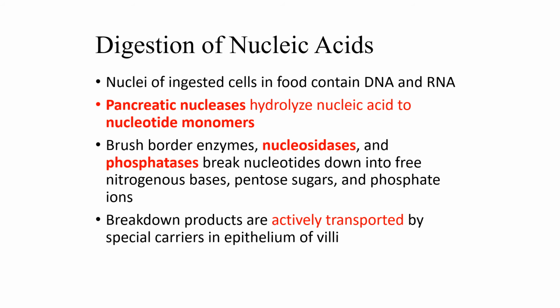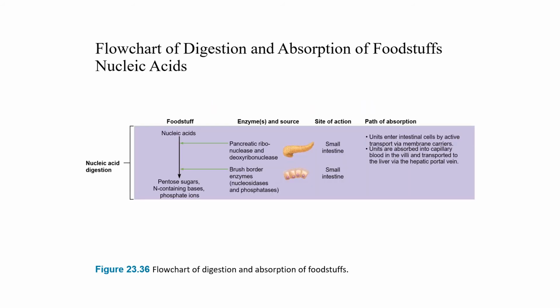Pay attention, actively transported across the epithelium, into the epithelial cells, and then eventually into the capillary blood system, where it's transported to the liver via the hepatic portal system, and now your liver can make DNA and RNA.